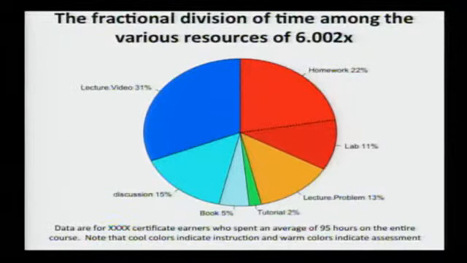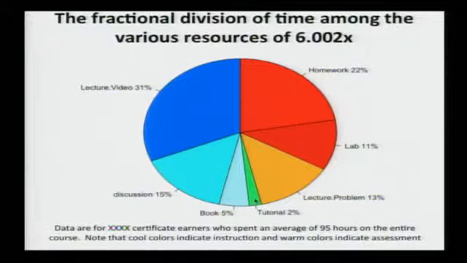The primary instructional medium used by the students is the lecture videos. There is the discussion, and then in warm colors as before, there's the homework, the lab, and the lecture problems, the problems that are intermixed with the lecture. It also has a textbook, and it has a tutorial, as well as the discussions.